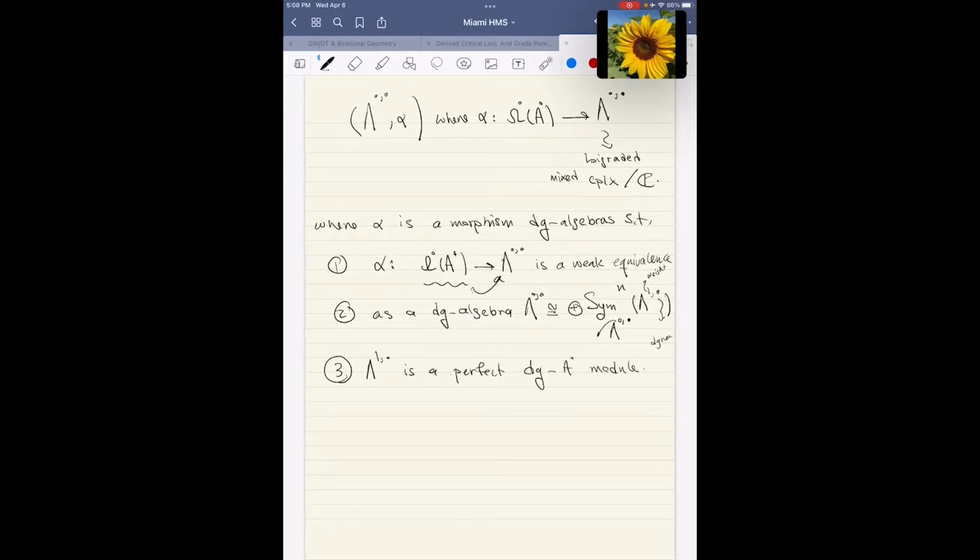So that's it. So let us look at this a little bit. The story I'm trying to say is that this is the information of an integrable distribution. And I'm going to show you that Lagrangian distributions are a special case of integrable distribution. So we are going to see that Lagrangian distributions are special cases of integrable distributions.